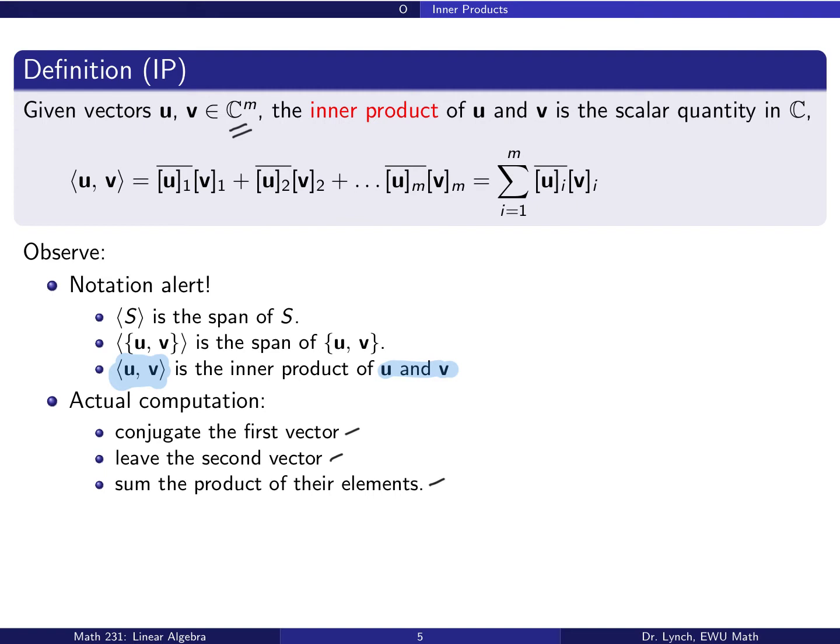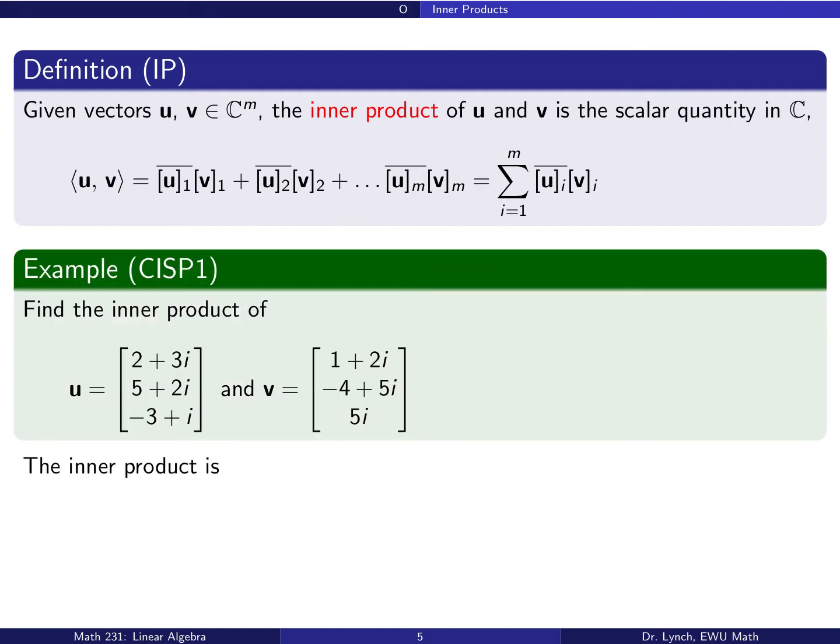Okay, so here's an example of an inner product. Let's go ahead and have a look at the inner product of u and v for u equals (2 plus 3i, 5 plus 2i, negative 3 plus i), and v equals (1 plus 2i, negative 4 plus 5i, and 5i).